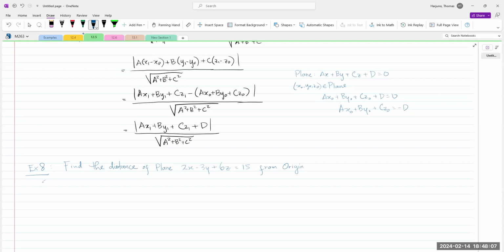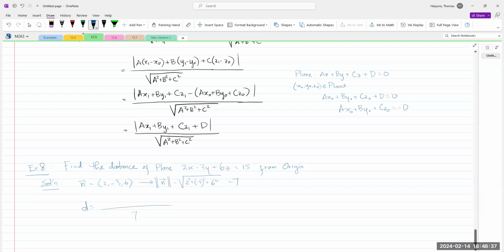Solution: the normal vector is 2, negative 3, 6, whose magnitude is the square root of 2 squared plus negative 3 squared plus 6 squared. I believe that's 7. Notice that this is the denominator, right? The distance is equal to something over 7.